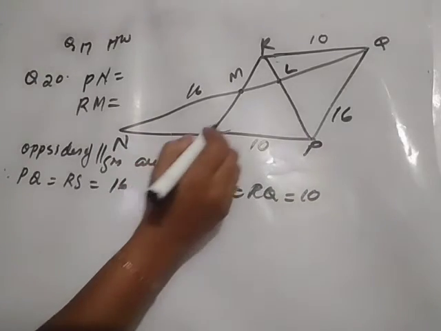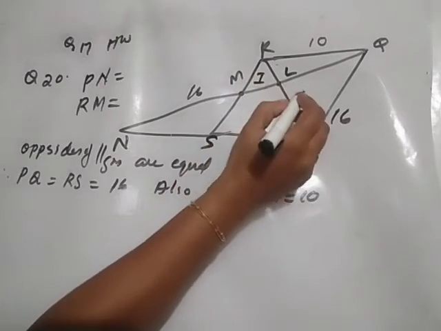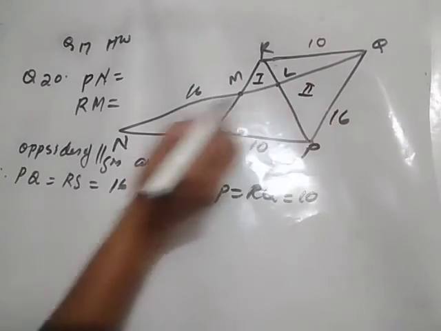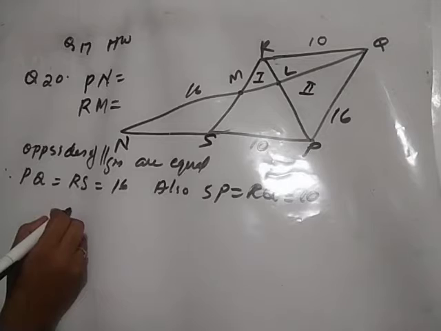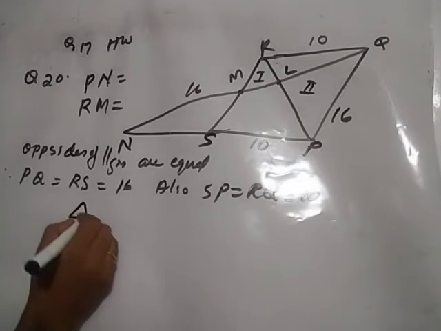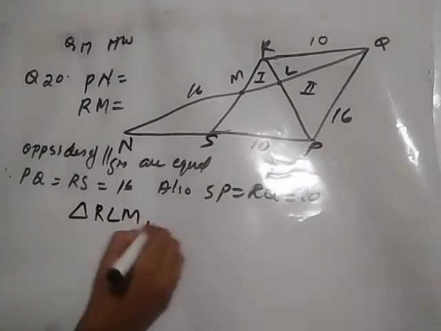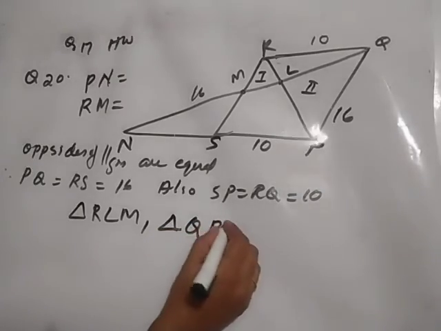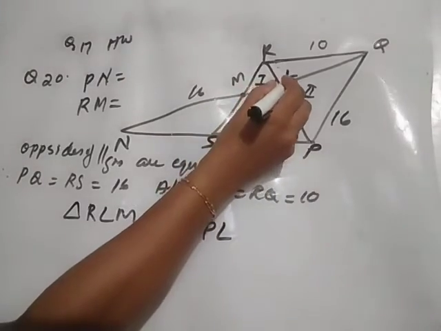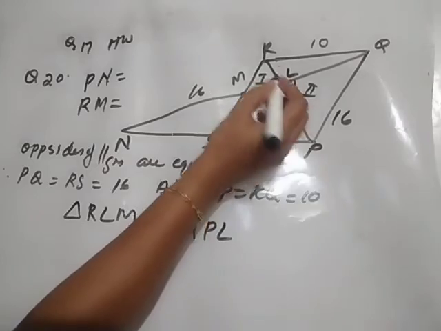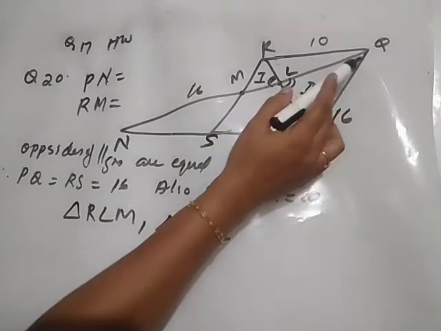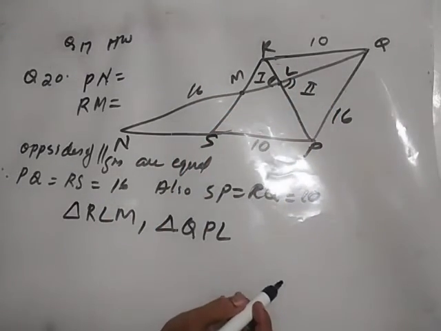Let us consider these two triangles, this RLM and this triangle QPL, triangle RLM, triangle QPL. These two are opposite angles formed by intersecting two line segments PR and QM.